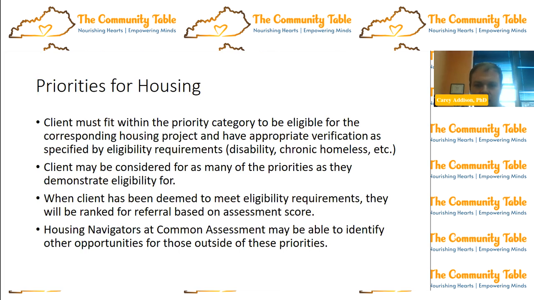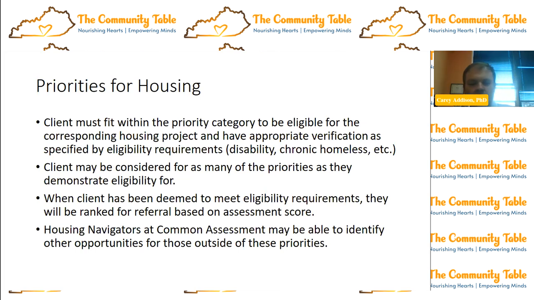Whenever someone is, that will rank them based on the score. So that's really where the score comes in. A lot of people think the score is the most important part of Common Assessment. Yes, it's an important component, but showing someone is eligible for a program is first, and then the score just helps us rank who gets to move in from there.